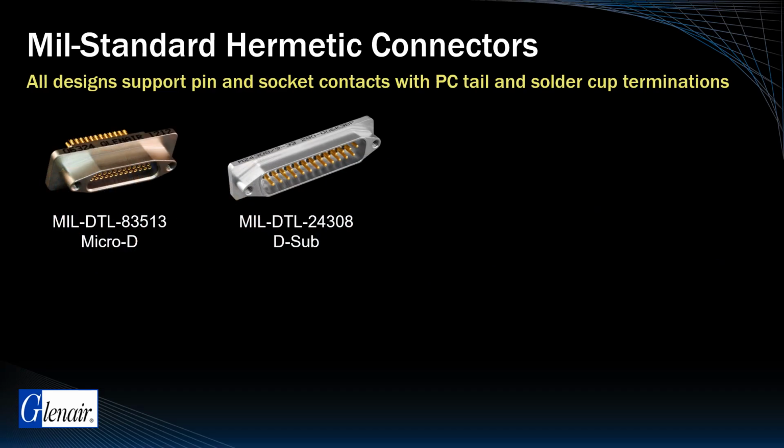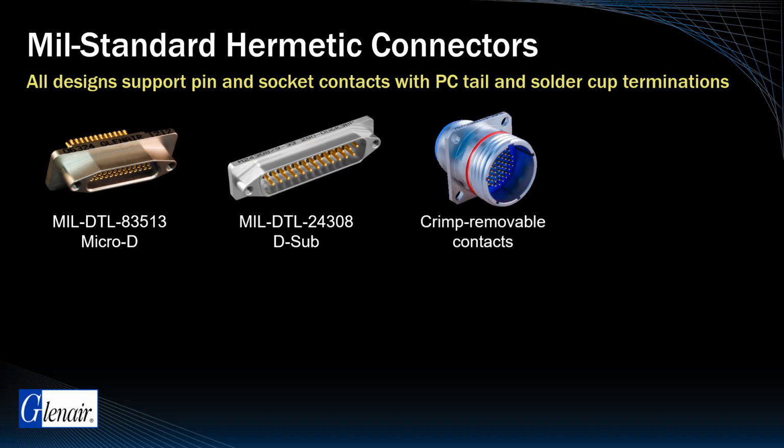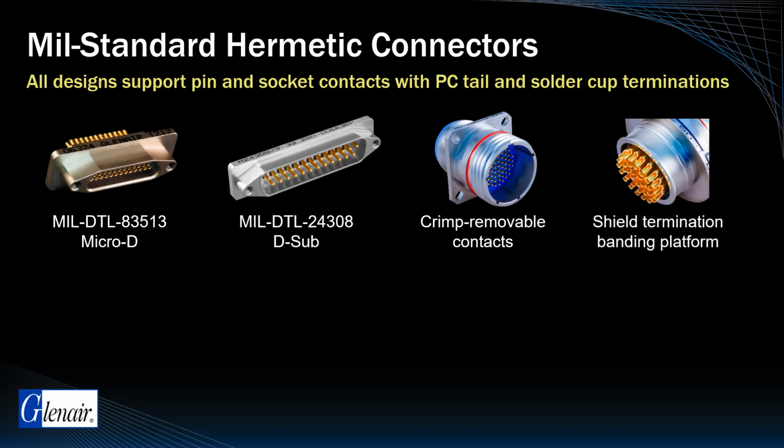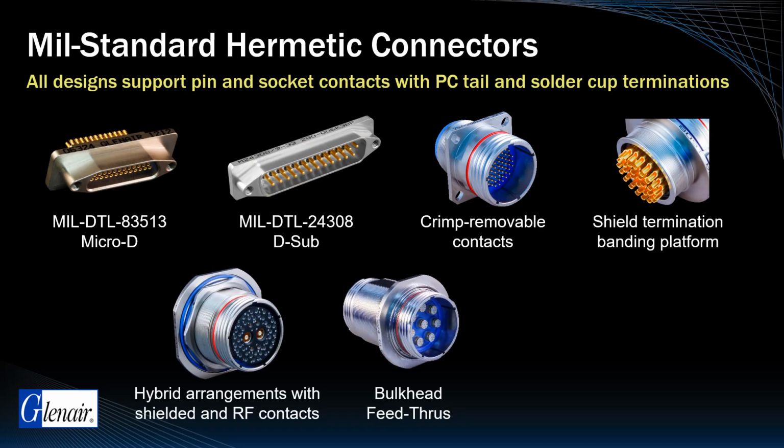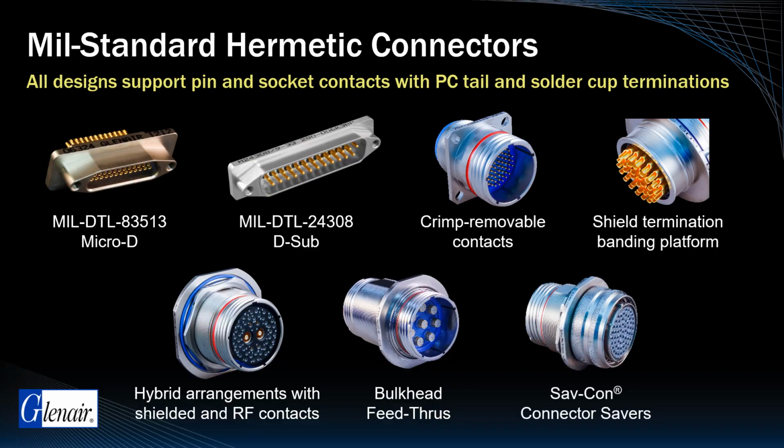Rectangular connector series available in the hermetic class, again typically match sealed, include the microminiature MIL-DTL-38999 and D-Sub-24308. We also supply many non-standard mil-spec connector derivatives, including designs with crimp-removable contacts, wire shield termination band platforms, hybrid shielded and RF contacts, bulkhead feed-throughs, connector savers, and many more.